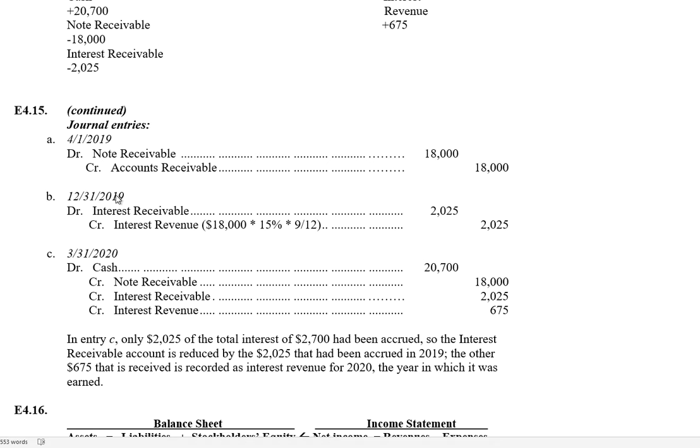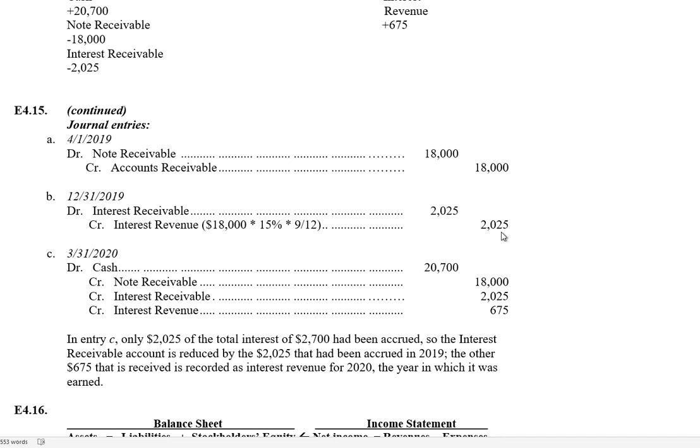We're not receiving that interest until the note comes due, in March of the next year. But nine months into it, we've got nine months' worth of interest. You'll see 18,000 times 15% times 9 out of 12 gives you $2,025. That is the interest revenue you need to record.